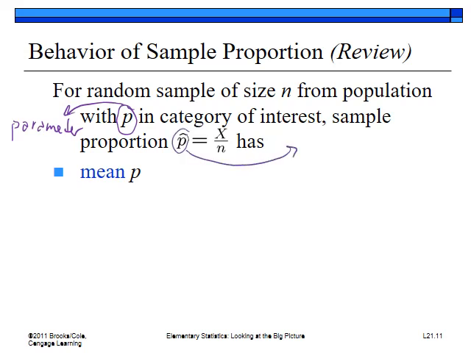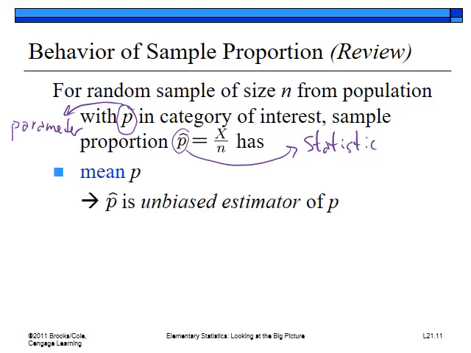P hat, remember, is a statistic because it comes from a sample. So p hat is also considered a random variable. The mean of that random variable is p. We say that p hat is an unbiased estimator of p because it is equally likely to be high or low. In order for that to be true, the sample has to be random.